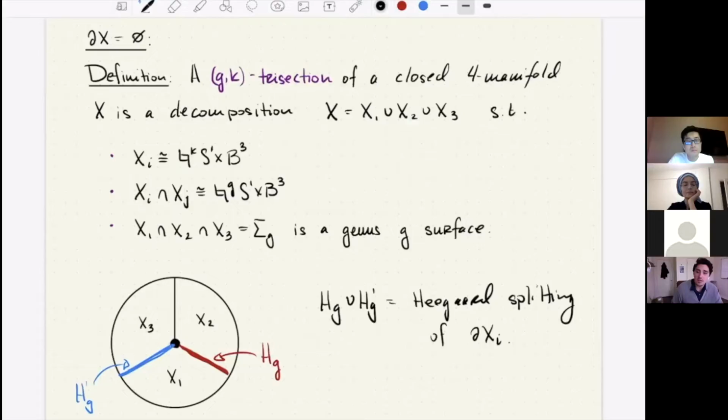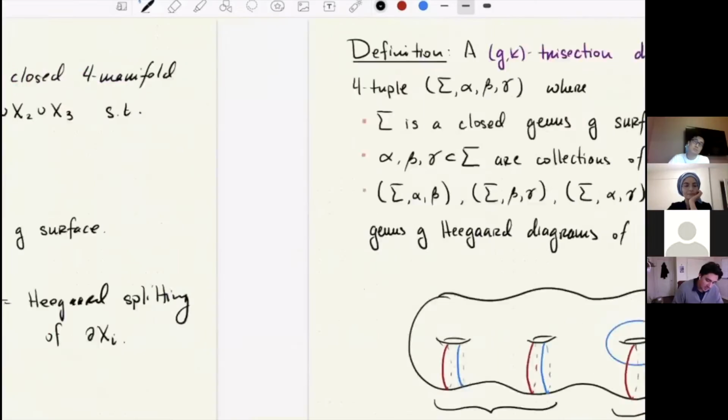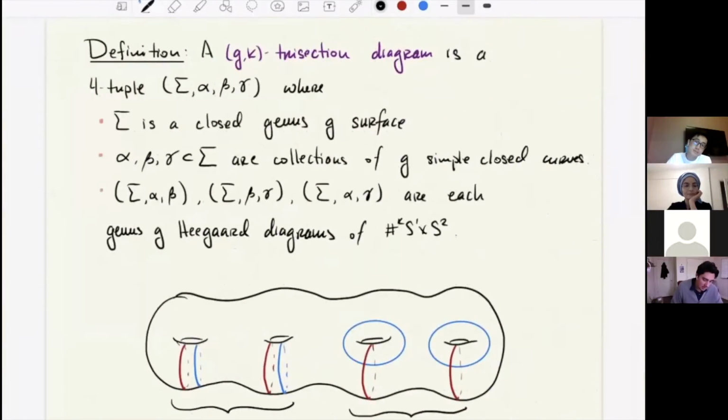And a lot of the times we talk about trisection diagrams. Just like in Heegaard splittings, we have Heegaard diagrams, we have these things called trisection diagrams. And in the trisection world, we have these three collections of curves, alpha, beta, and gamma. We have a genus G surface and curves alpha, beta, and gamma.